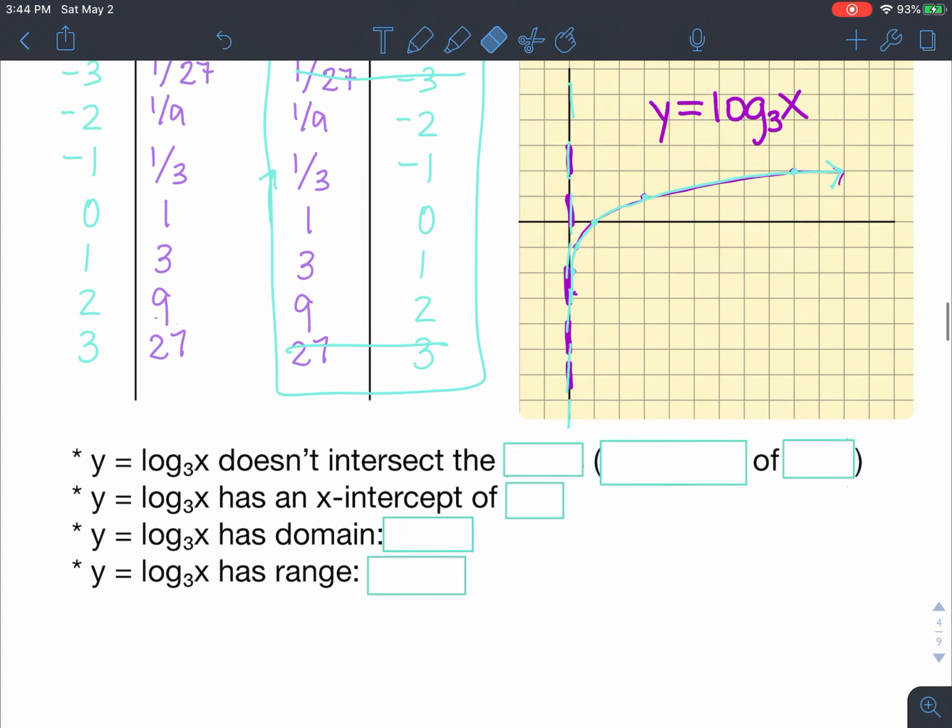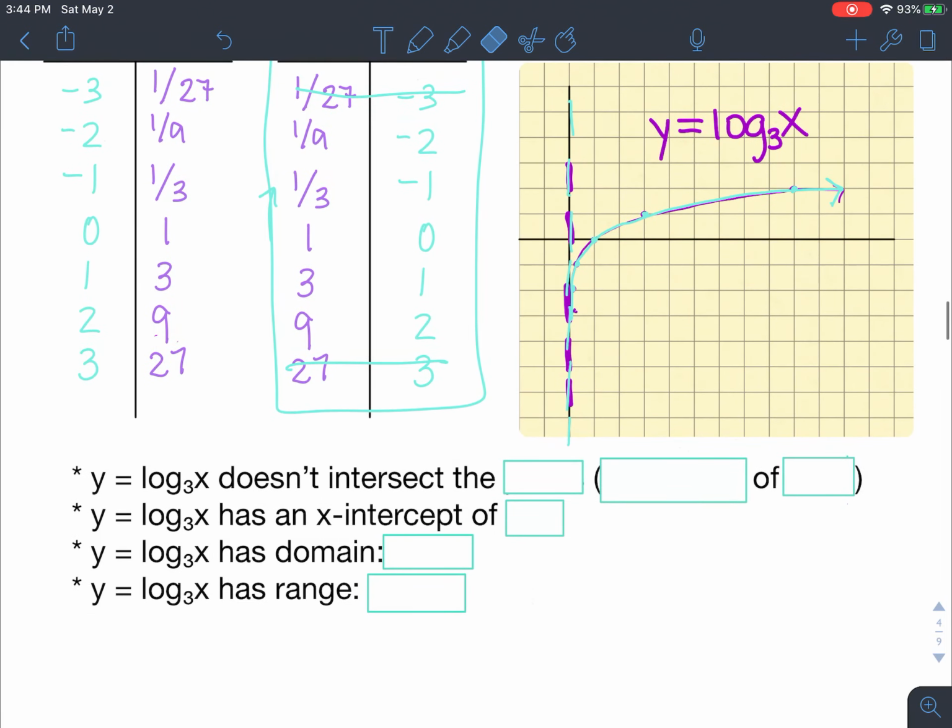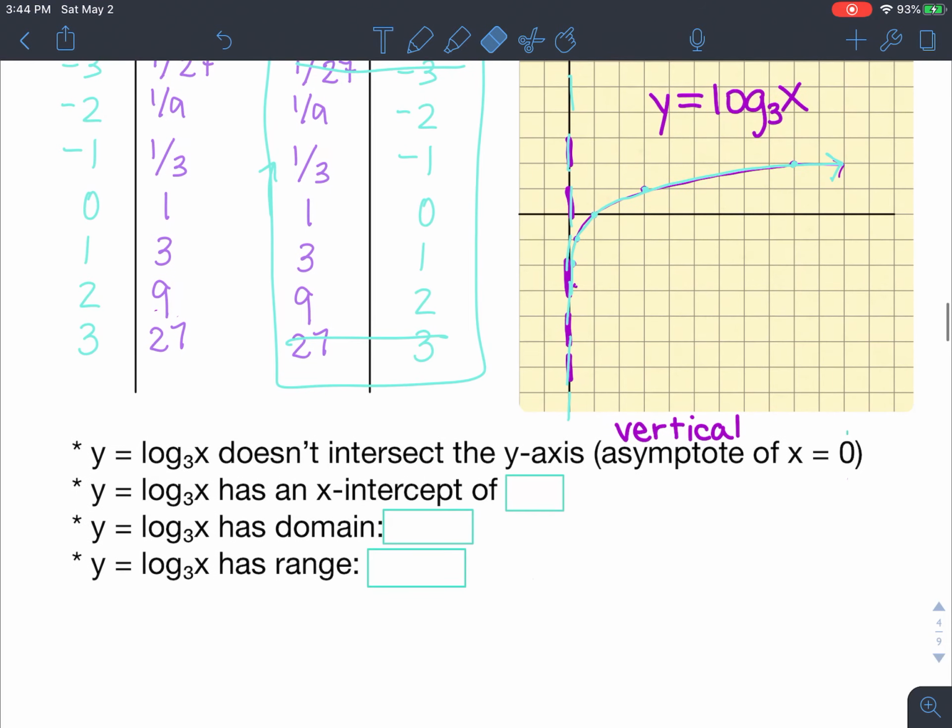I kind of jumped the gun here. So notice that log base 3 of x doesn't intersect the y-axis. So that means that there's an asymptote of x equals 0. And that is a vertical asymptote, whereas the exponential has a horizontal asymptote.